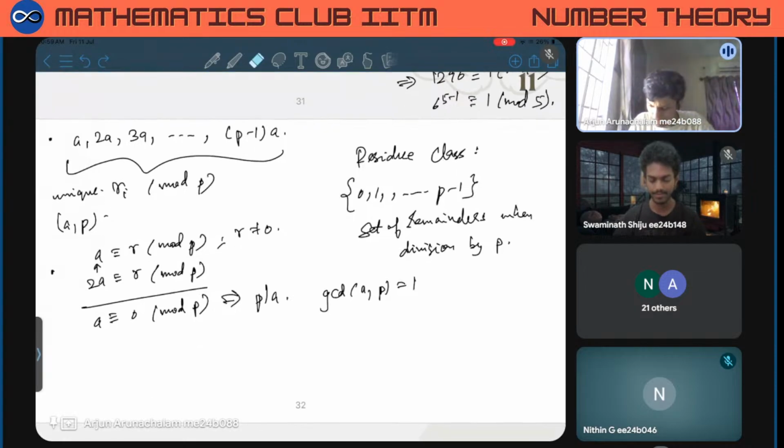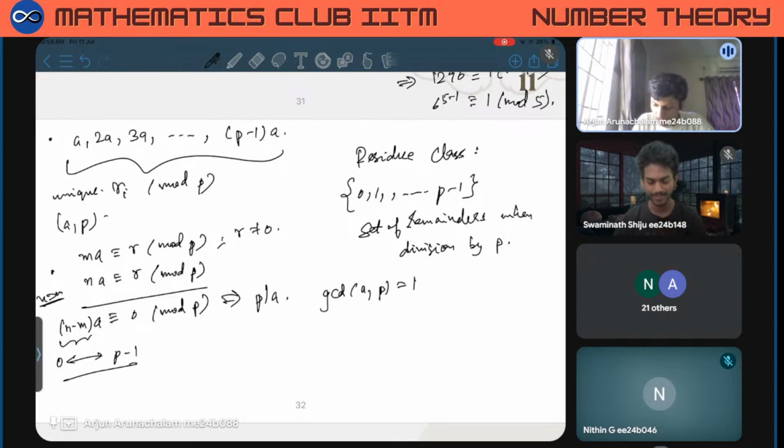So this can be anything. This can be some ka, this can be some ma, and this can be na. So this will be n minus m, and n minus m will always be less than p. So n minus m will be between 0 and p, assuming n is greater than m.